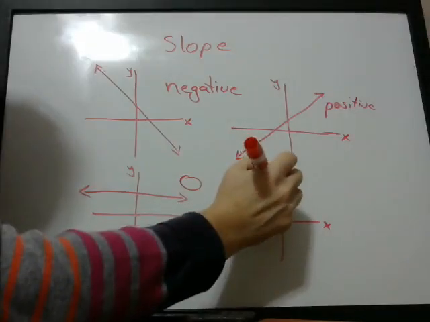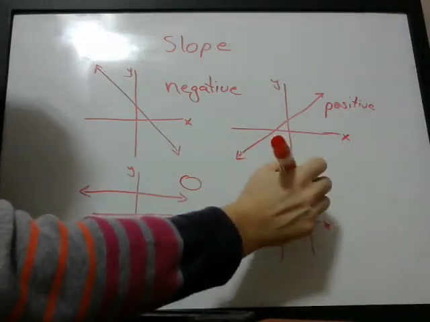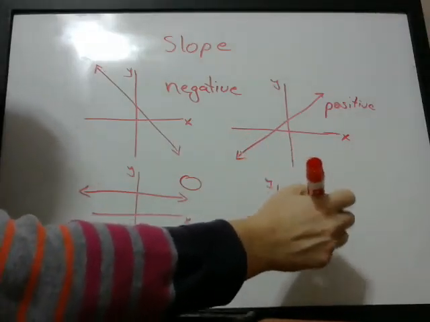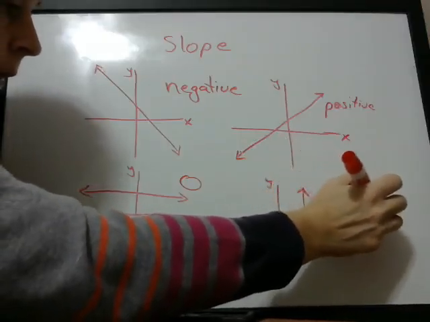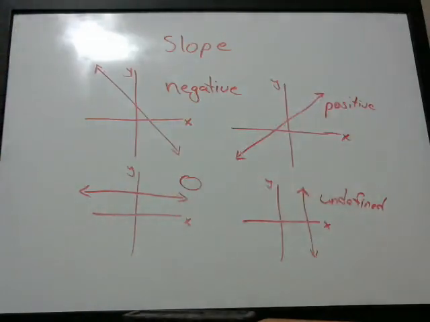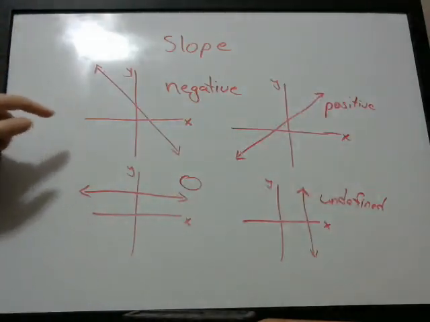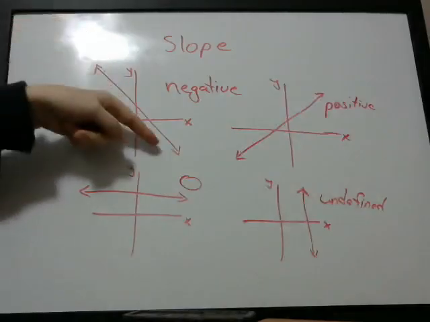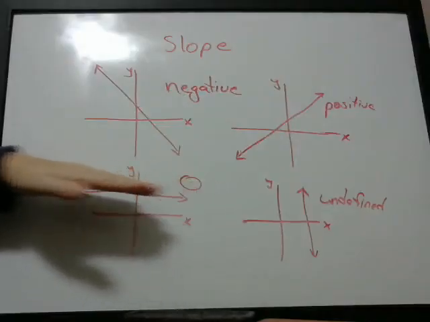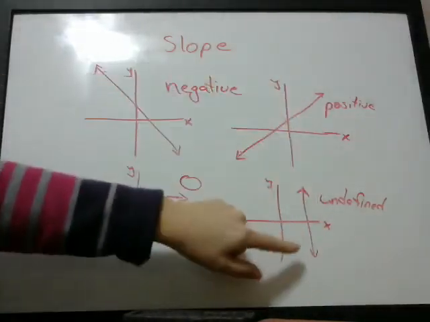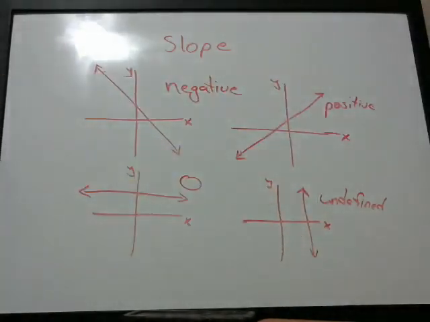If you have a line that is going straight up and down, vertical, that's going to have a slope that's undefined. And I'm going to show you this mathematically. But this is important to remember. It's going to make your life easier. Negative slope, positive slope, 0 if it's perfectly horizontal, undefined if the line is perfectly vertical.